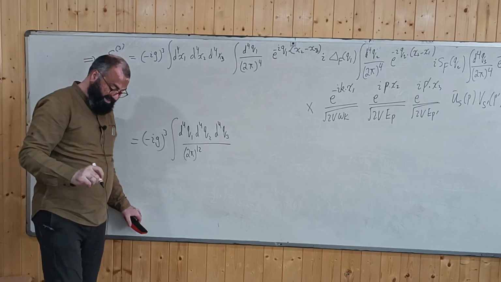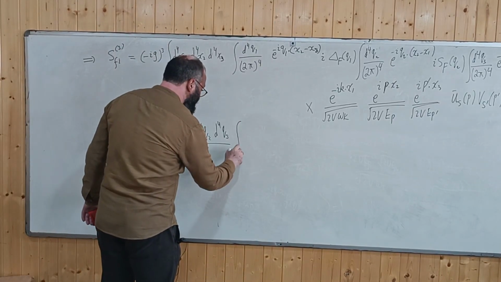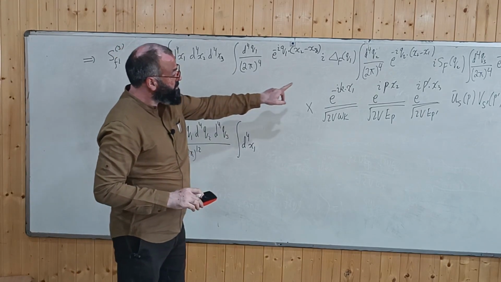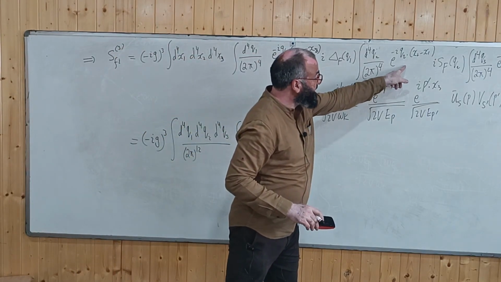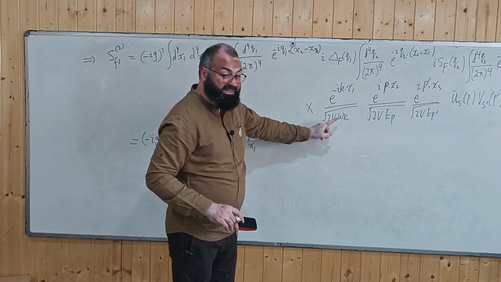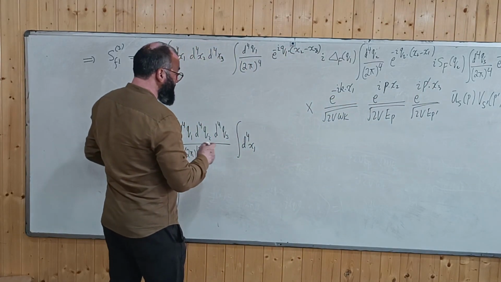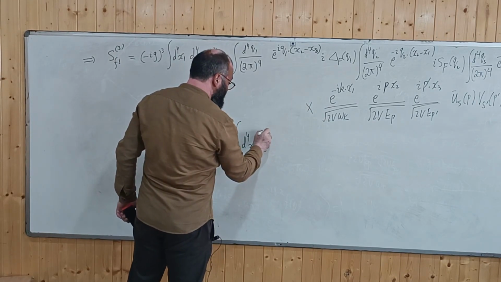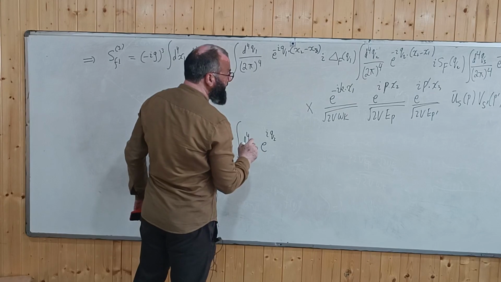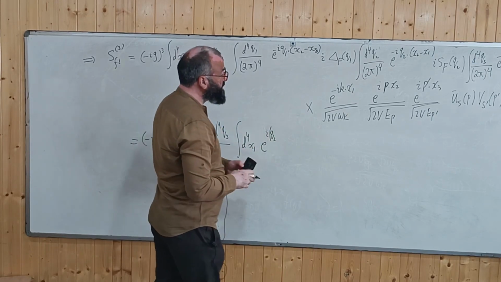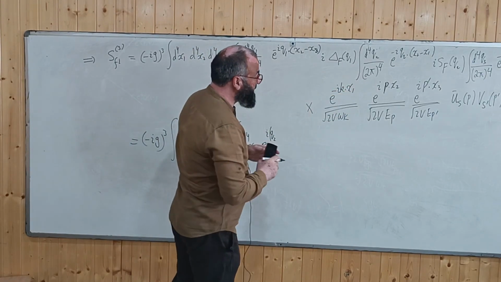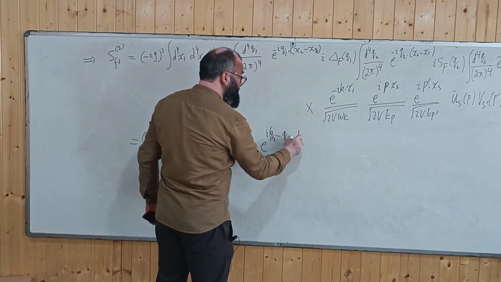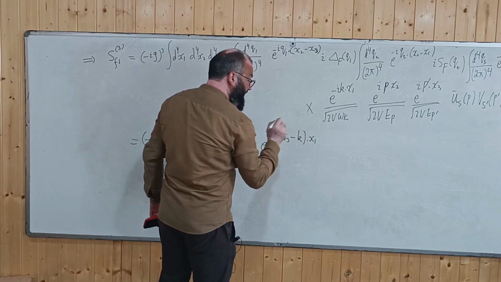Then what you are having is integration over d^4 x1. Let's club the terms which contain x1. This is the factor containing x1 and the other one, and this is the term which contains x1. So you are having e raised to, when you say minus, so it is i (q2 minus q3 minus k) dot x1, clear?